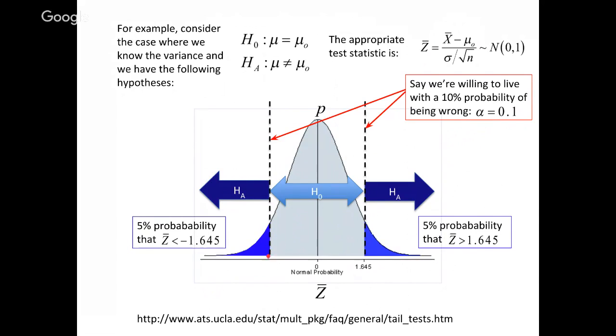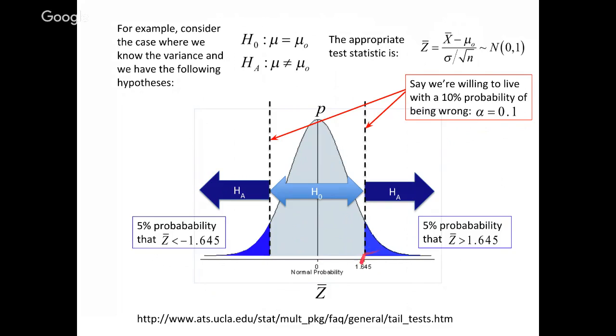And so this value here is just going to be, because the PDF is symmetrical, minus 1.645. So basically what we're saying is, in this scenario, if we are willing to live with a 10% probability of calling it wrong, that is, that the null hypothesis is actually correct but we're going to reject it, then we will define the critical value of z-bar as plus or minus 1.645.